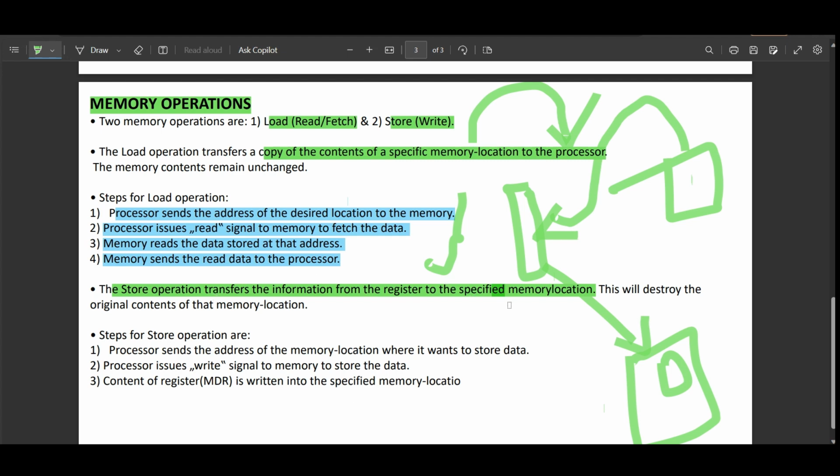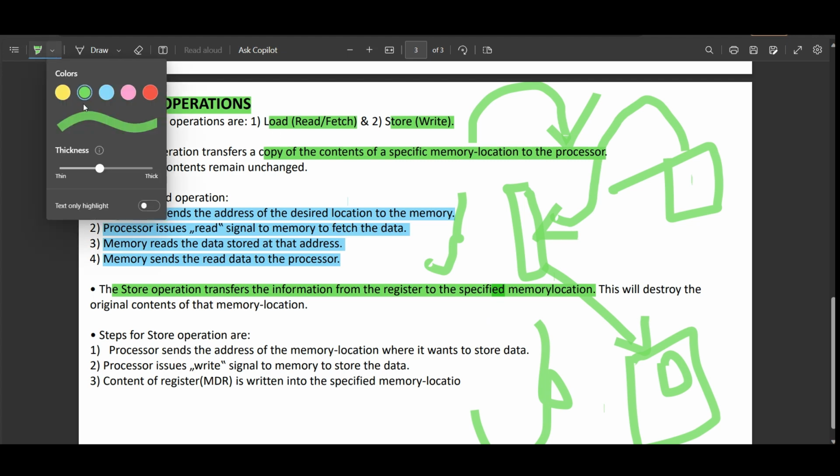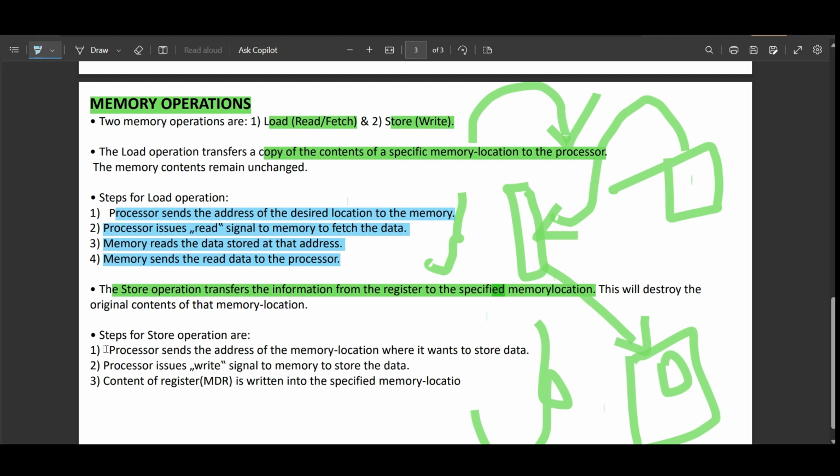So let's see what happens in the store operation. Obviously something opposite to the load operation will take place. The steps for the store operation are: the processor sends the address of the memory location where it wants to store the data. Similar to the load operation, the processor will send the address and tell it, I want to store the data.